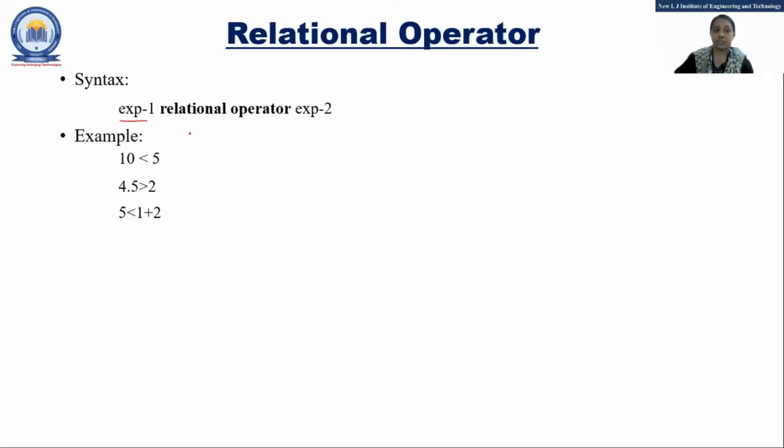Now the syntax is: expression 1, relational operator, and expression 2. Here expression 1 can be a value, a variable, or an expression. We have seen what a variable is, for example a, num1, num2.